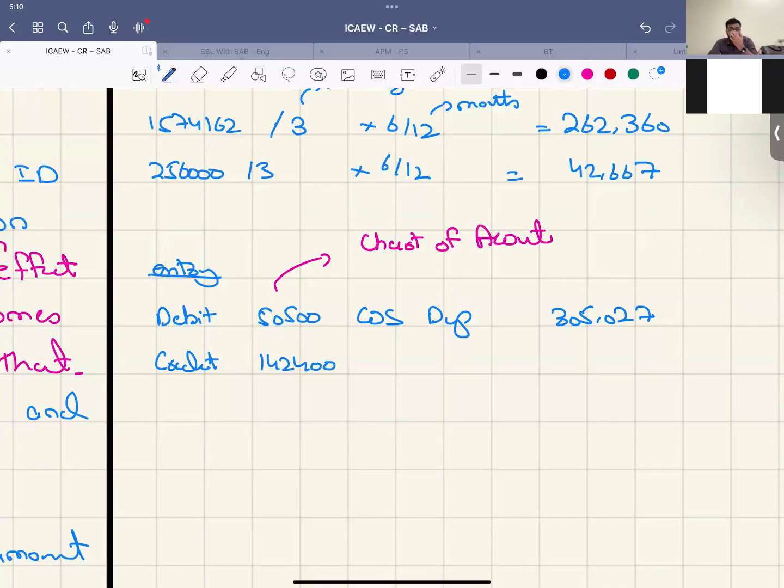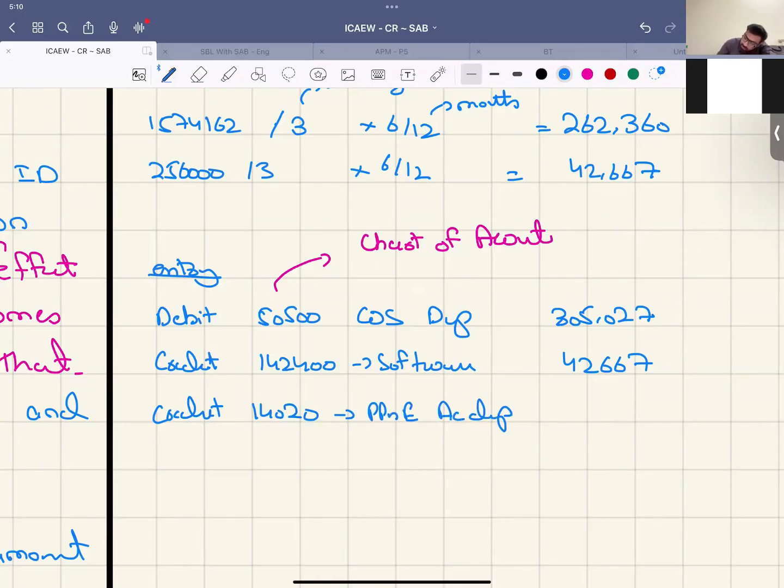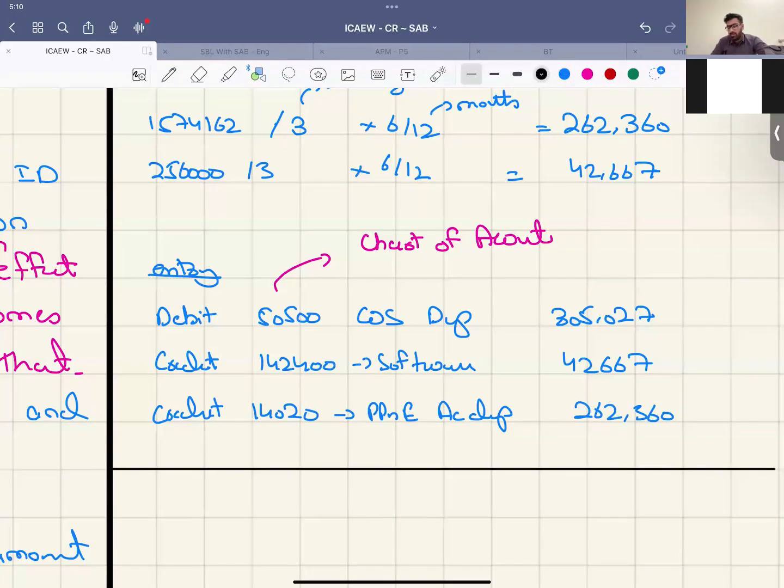Those of you guys who have worked in an industry, it would be easy for them, but I'll teach those who are not working yet. So it went to debit there, and 42,667, as this is for software accumulated depreciation, and then credit, it's going to be 14020. It's PP&E accumulated depreciation. It's 262,360, and here we got this requirement done.